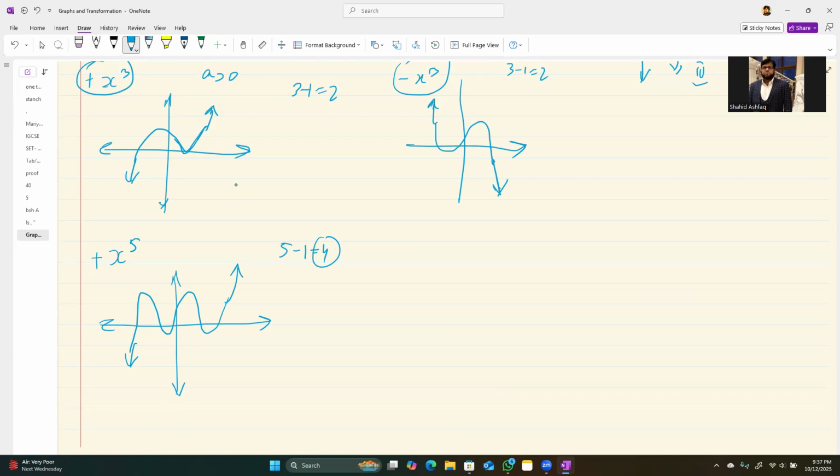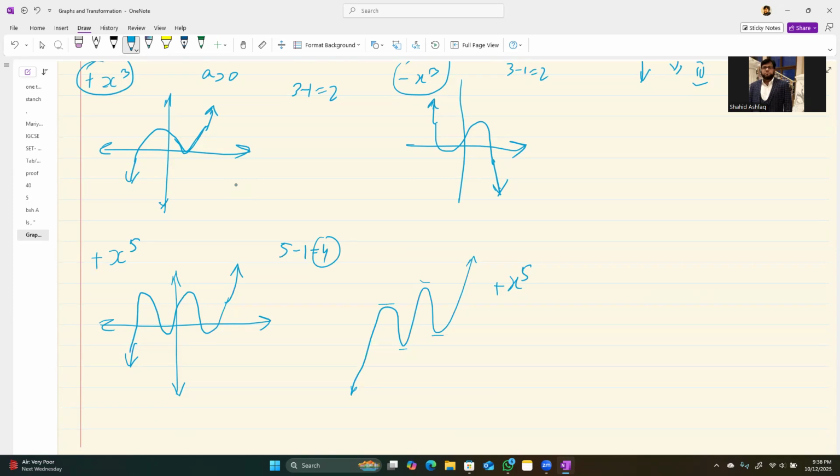Stretching could be anything, so we should not worry about it. If the graph looks like this, I still have 1, 2, 3, 4 turns, which means it's the positive x to the power 5 graph. Then stretching and other additions can happen, which makes the graph shapes go up, down, slanting, tilted, higher, lower.